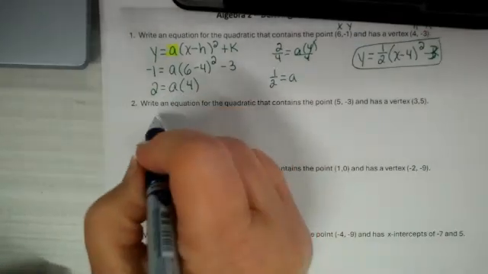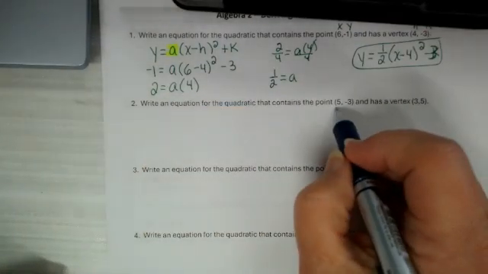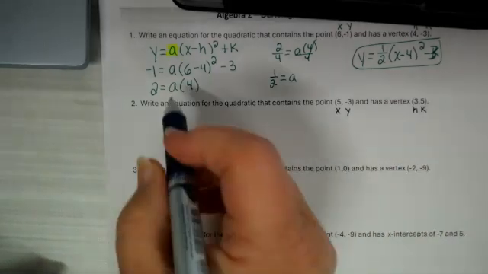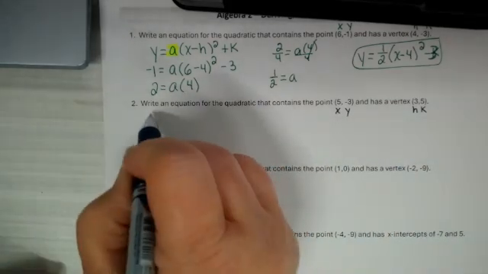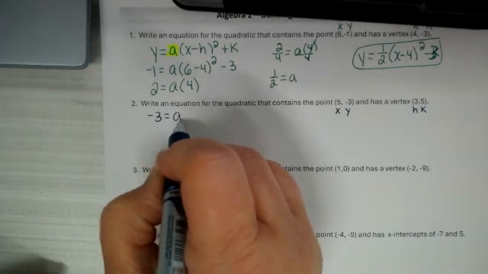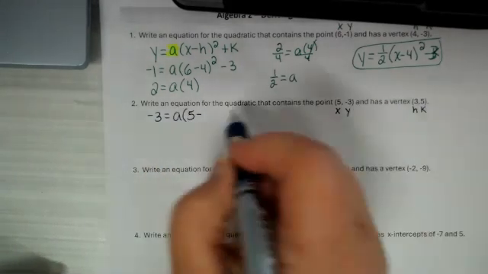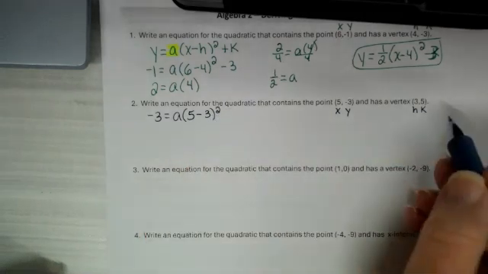Let's do another one. They gave me a point, x, y. My vertex is h, k. Let's do it again. -3 equals a, x was 5, (5 minus 3) squared plus 5.